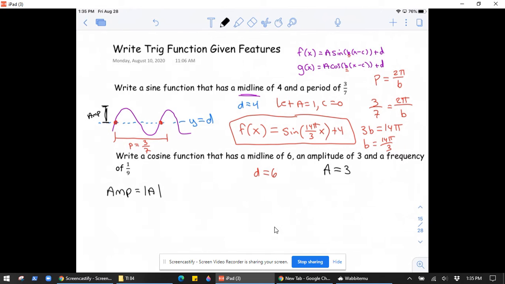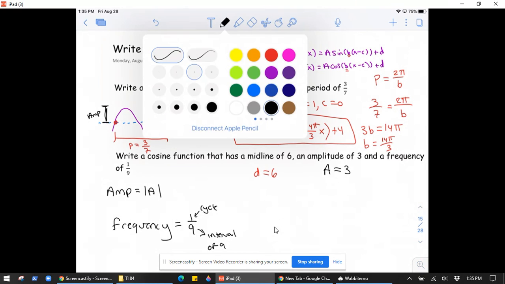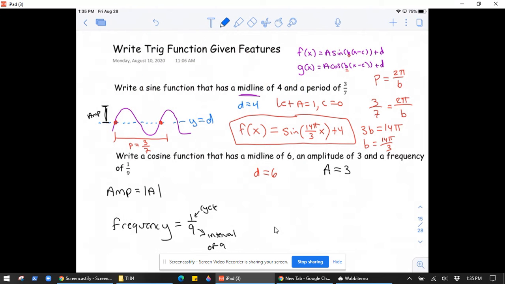And the frequency is 1/9. If the frequency is 1/9, we can get the period. That means it does one cycle every interval of 9. If I haven't done this in a different video, you'll see it here. Let's start this graph at 0.